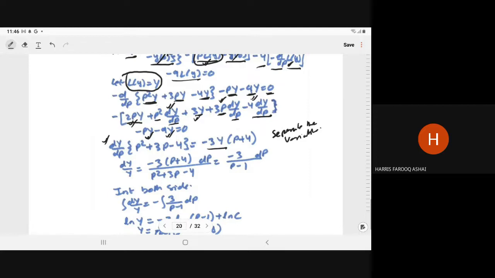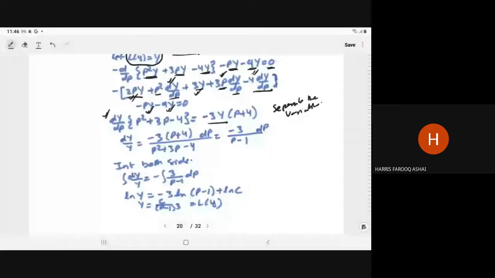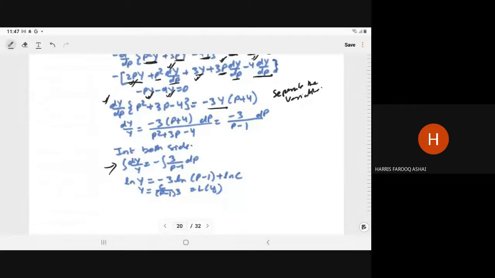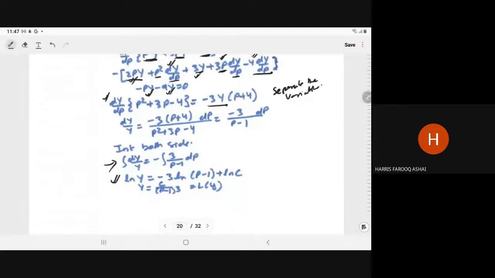So when we integrate on both sides, the left hand side will be the integral of dy upon y, minus the integral of 3 upon p minus 1 dp. On the left hand side it will be ln y, and on the right hand side it will be minus 3 ln of p minus 1 plus arbitrary constant ln c.